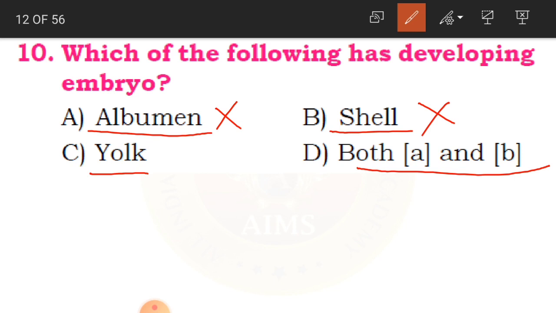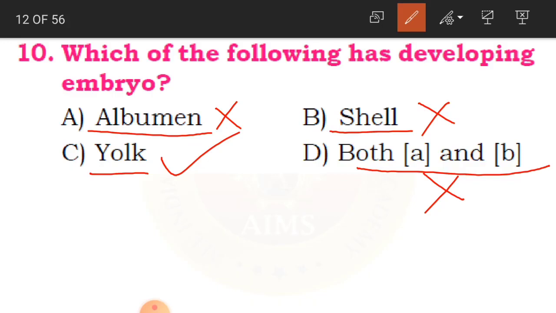So that is where you have the developing embryo, which is why C is the correct answer. Even D option, both A and B, is wrong. Clear, children? In the yolk, the embryo develops and it gets hatched, in the sense by breaking the shell of the egg.